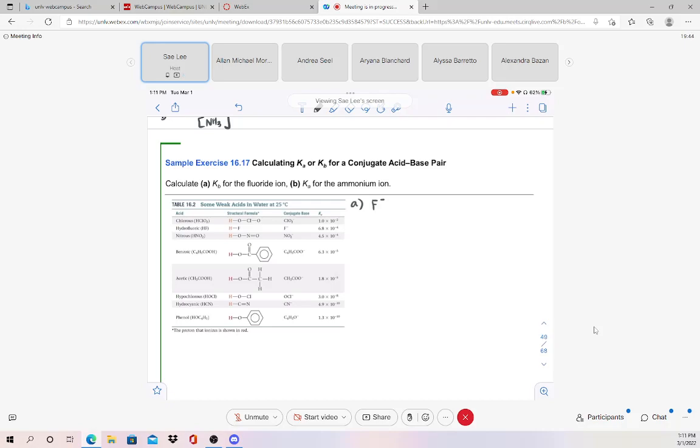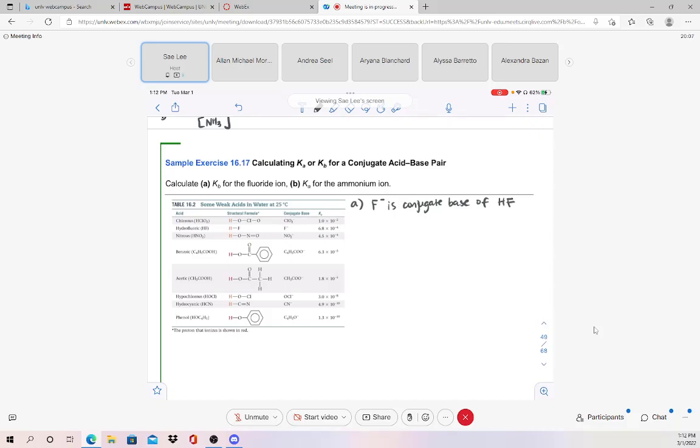We can find the Kb value if we know the Ka value. Fluoride ion is the conjugate base of the weak acid hydrofluoric acid.